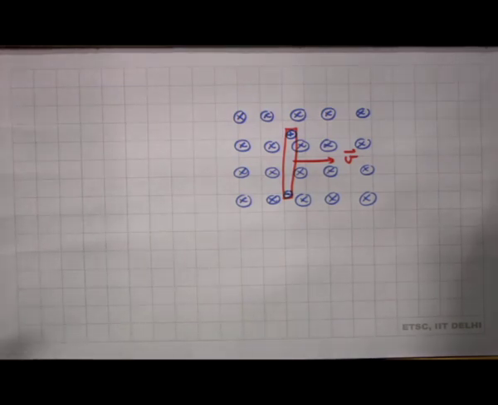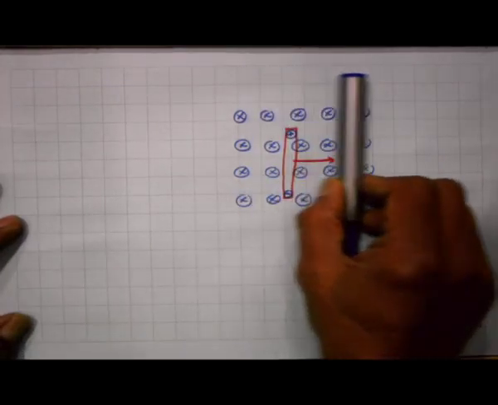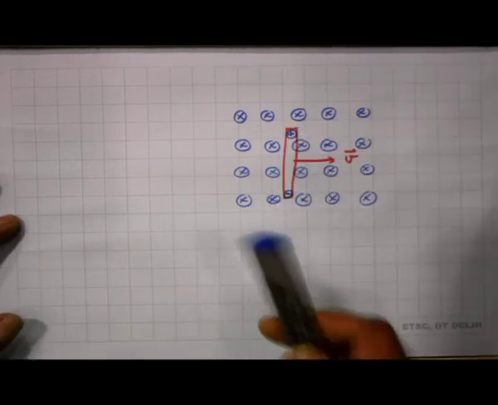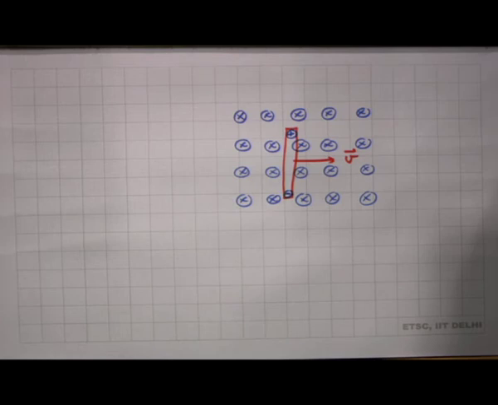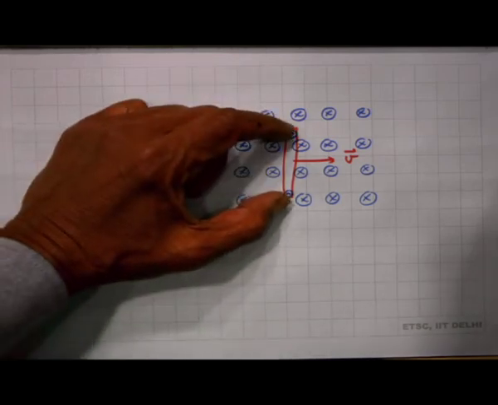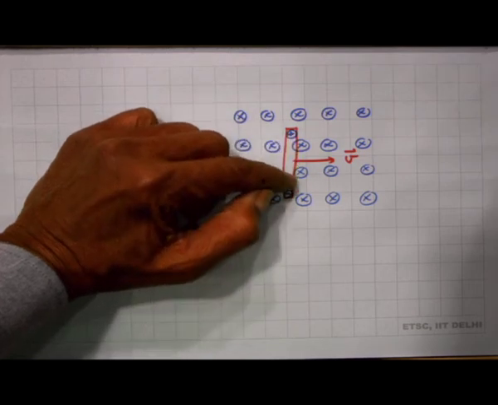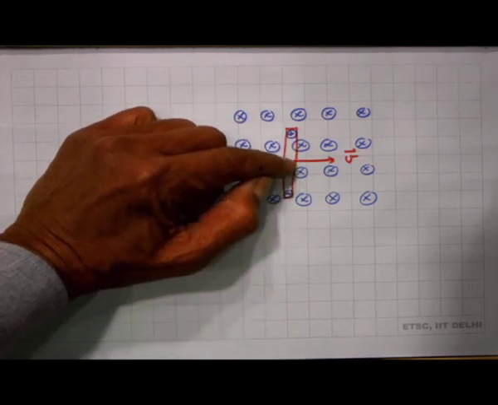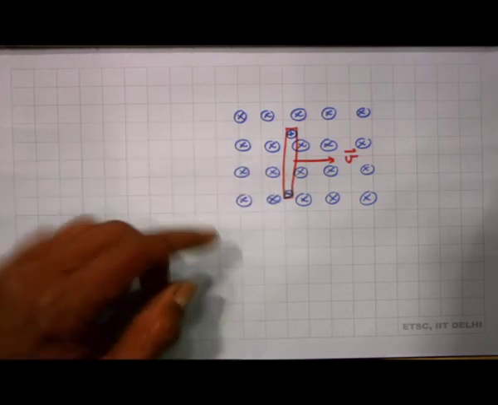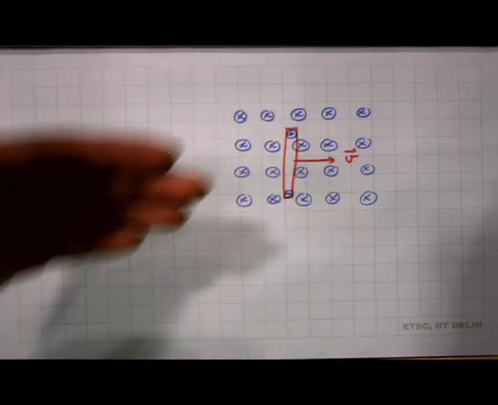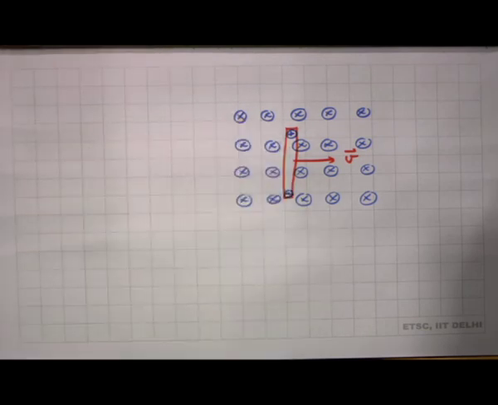If I continue to move at a constant speed, the charges will accumulate in such a fashion that they will generate their electrostatic field, and that electrostatic field will compensate for the magnetic force. So, the force due to the electrostatic field will be equal to the force due to the magnetic field, and then no more charge motion will take place.